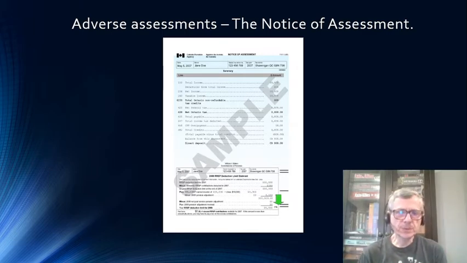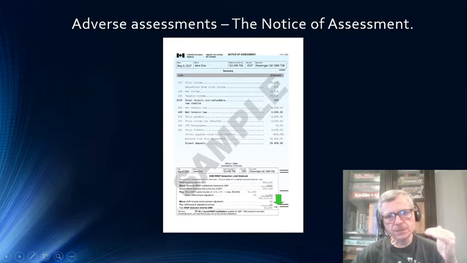The principal information that you'll find there is, first of all, in the first part of the assessment, the numbers in the thousands, the amount of income that they determined you actually should have declared, if you didn't already declare it.